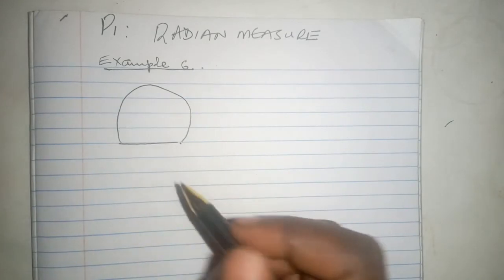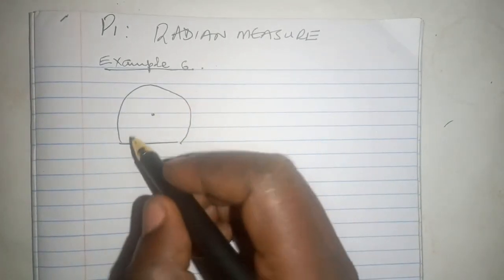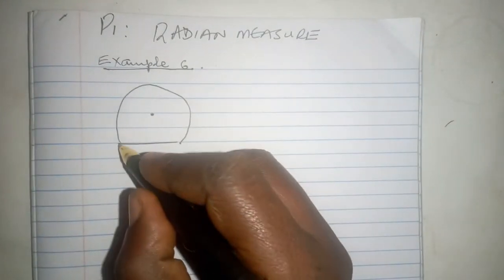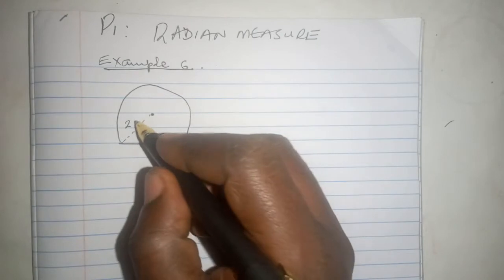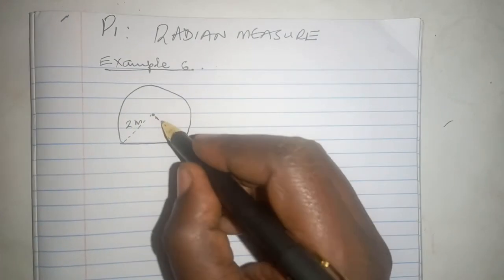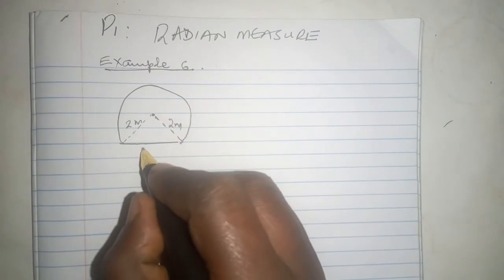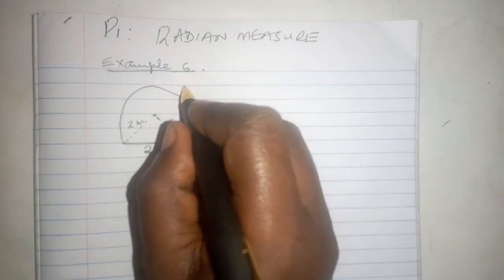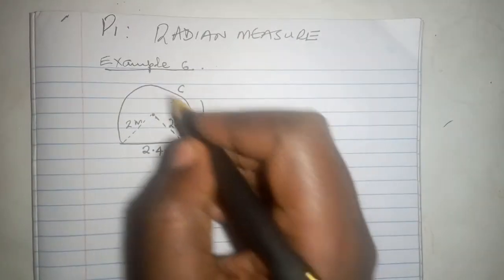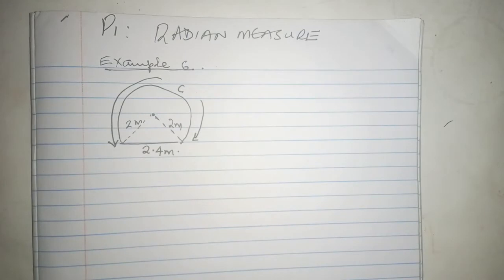This is supposed to be a circle, with radius 2 meters, and this is also another radius 2 meters, and this straight line is 2.4 meters. This is now the curve C.